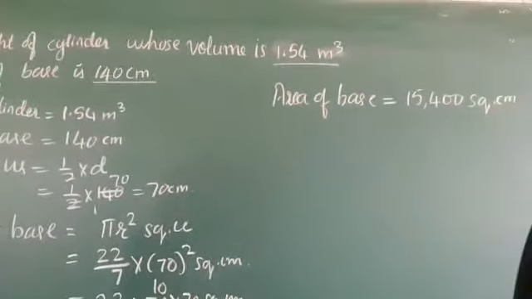But here area is in square centimeters and volume is given in cubic meters. So here we have to do conversion, that is square centimeters have to be converted into square meters. So 1 square meter is equal to 100 centimeter into 100 centimeter, which gives us 10,000 square centimeters.